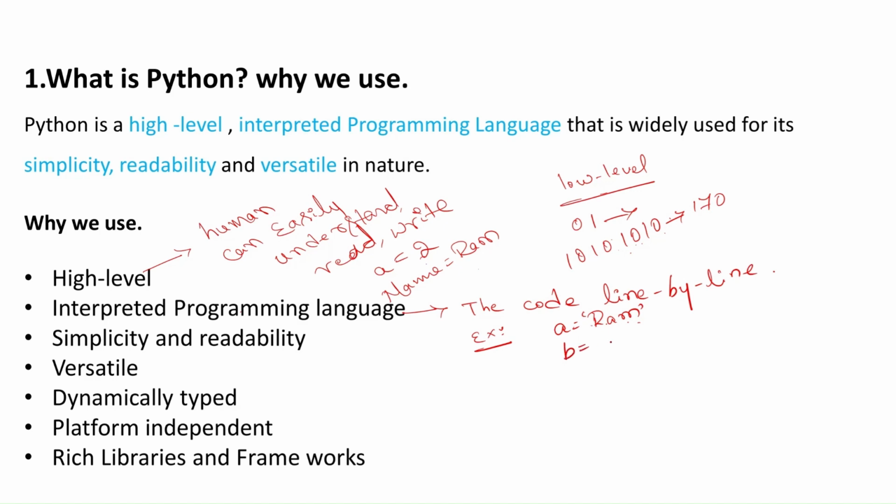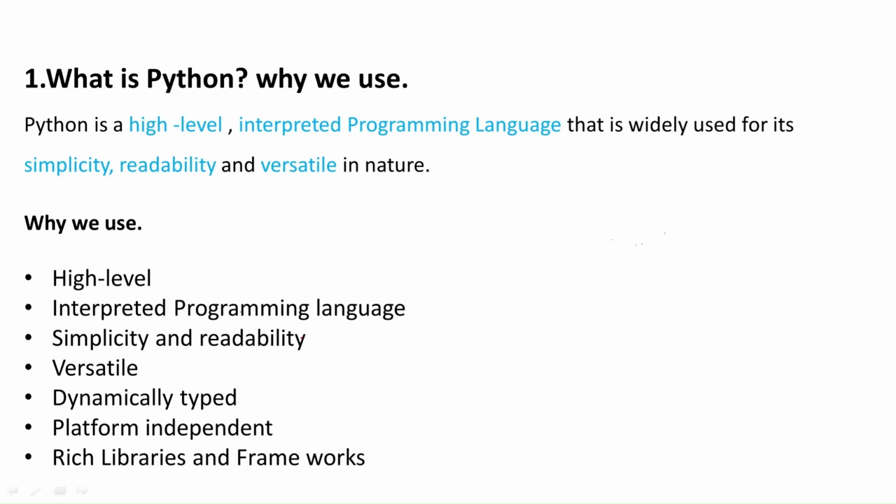Even the second line also contains an error, but it does not show the second line's error. It shows the first line containing the error. So it is easy to understand where we can find the error, and also it is easy to debug these errors. Then what is meant by simplicity and readability?